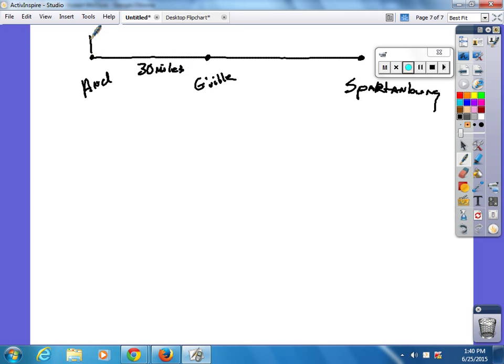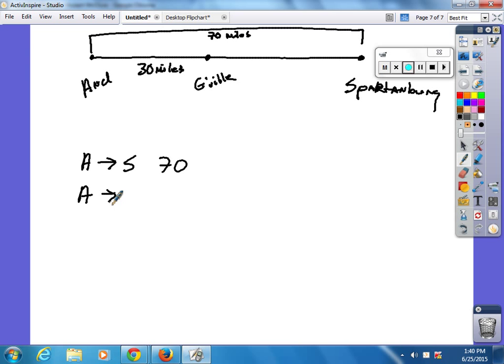And between Anderson and Spartanburg is, let's just say, 70 miles. So if I know Anderson to Spartanburg is 70 miles, and I know Anderson to Greenville is 30 miles, then what can I do to find out how far it is from Greenville to Spartanburg? Subtract the smallest one from the what? And that'd be 40 miles. Okay? And people, we do this every day.